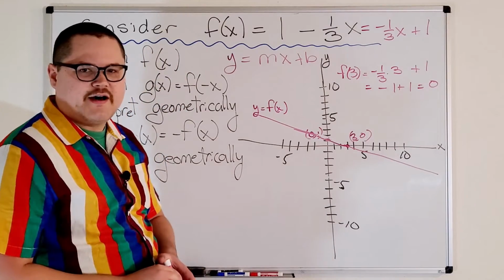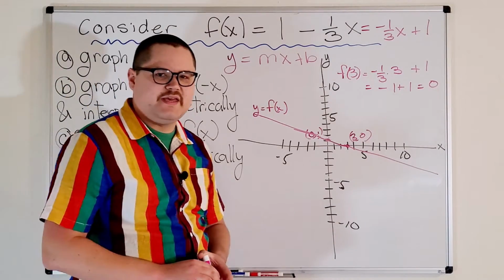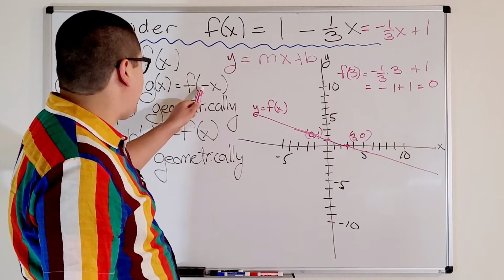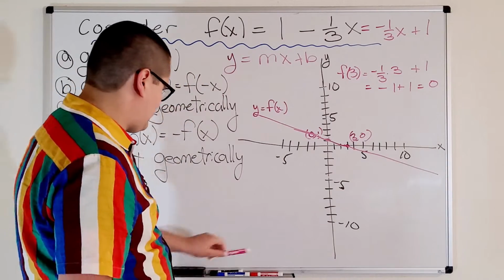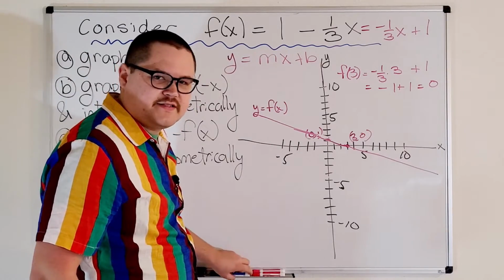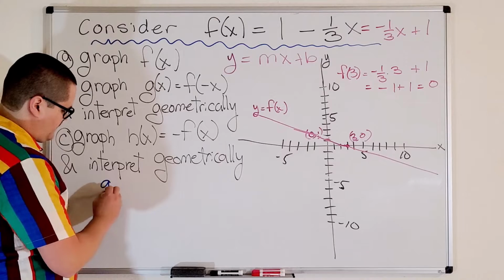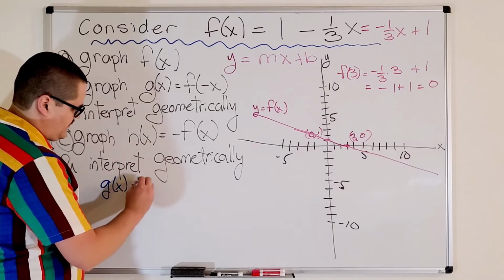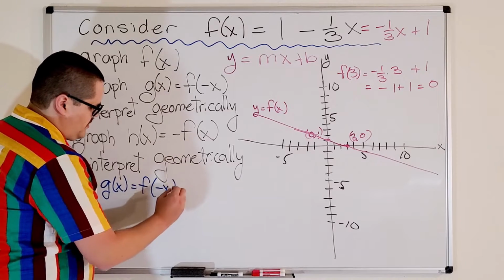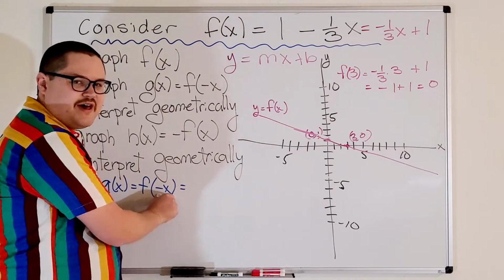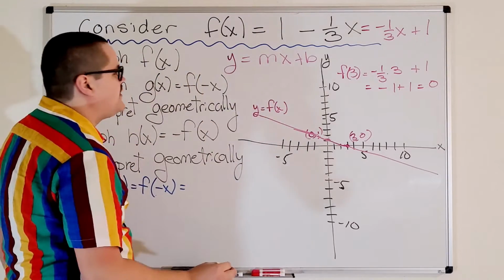Okay, on to part B. So g of x is supposed to be f of minus x. Let's do that down here. So f of minus x means that we substitute negative x in place of the x.